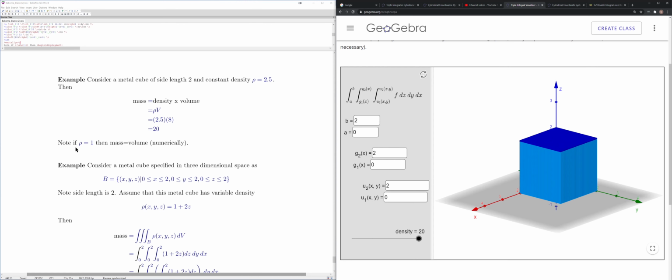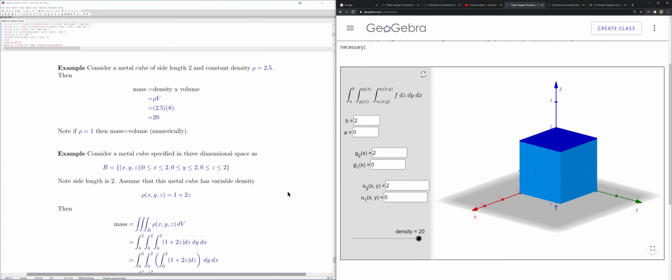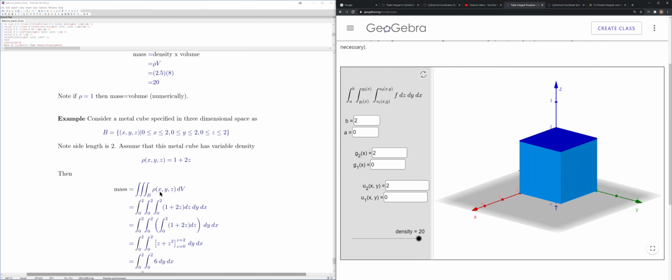But if, however, the density is actually just constant at 1, then rho is just going to be equal to 1. So the mass is just going to turn out to be the volume. A similar idea holds for my triple integrals.